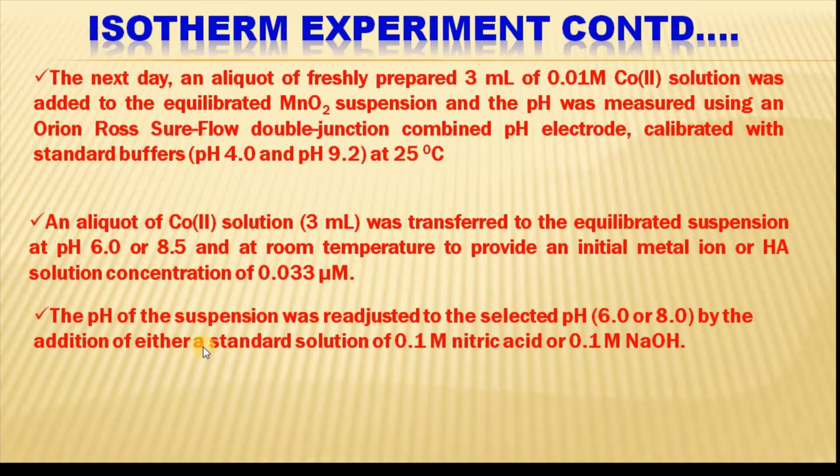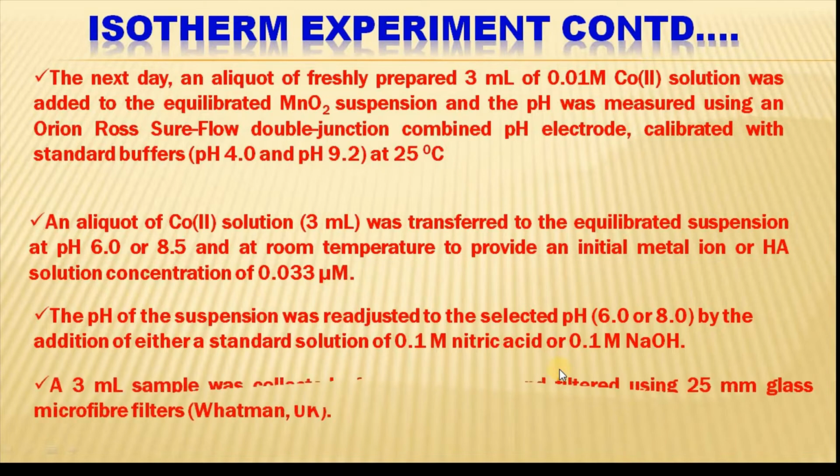Then the pH of the suspension was readjusted to the selected pH by addition of nitric acid or sodium hydroxide solution. Then 3 milliliter sample was collected after 30 minutes and filtered.